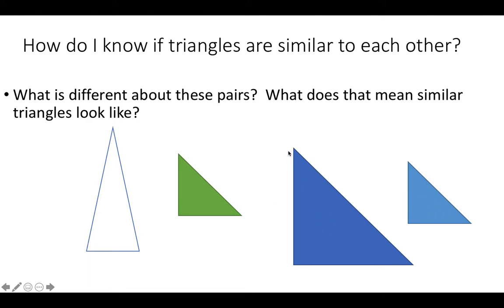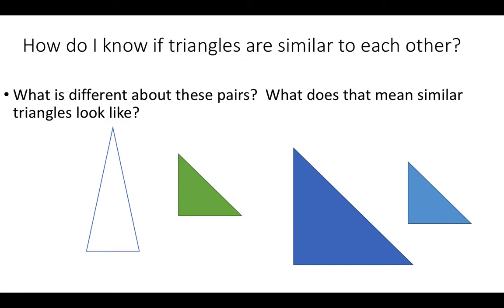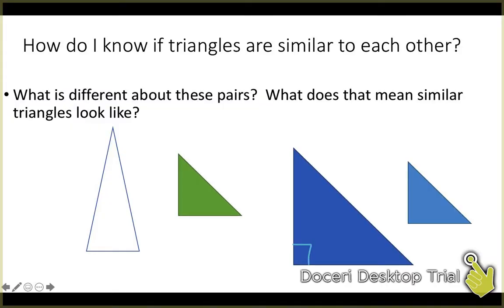If you notice, this big blue shape has the same proportions as the small shape. Here we have a right triangle, so both of these are right triangles. But on this side we have a right triangle and an isosceles triangle. So they're not the same type of triangles, so they're not similar.